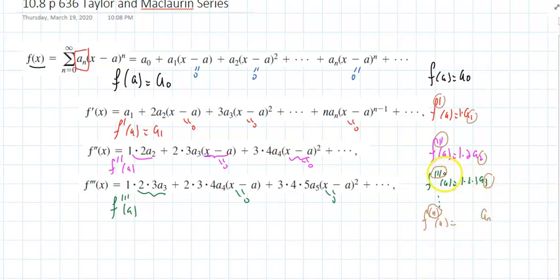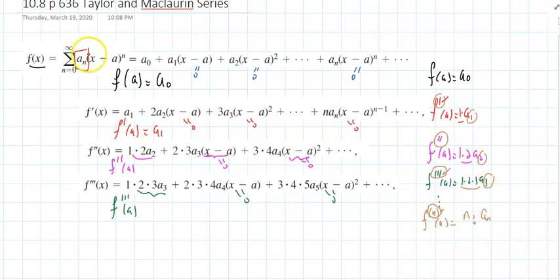Not only that, I notice if this is the third derivative, that's 3 times 2 times 1, which is 3 factorial. When I'm taking the second derivative, I'll notice this is 1 times 2, which is 2 factorial. When I'm looking at the first derivative, that's 1 factorial. So when I take the nth derivative, this would be n factorial.